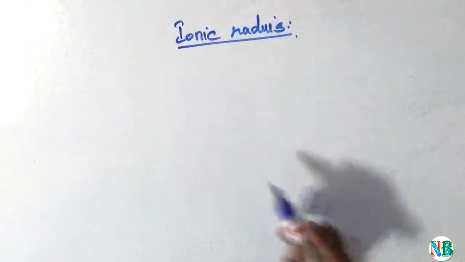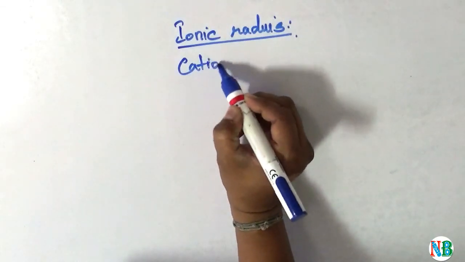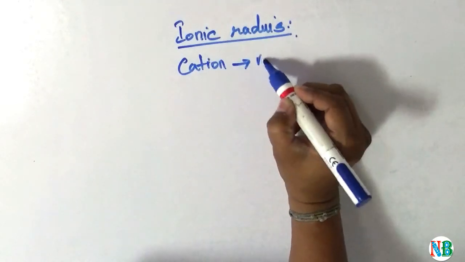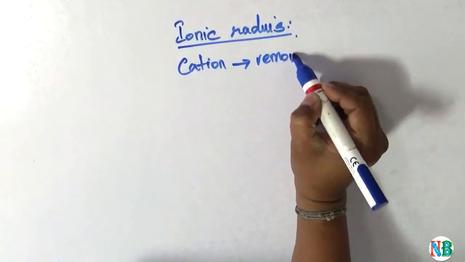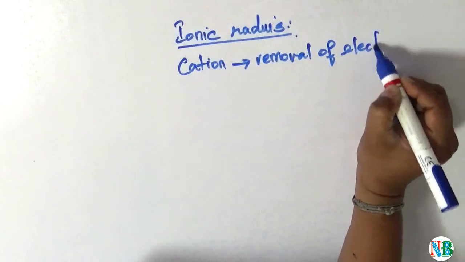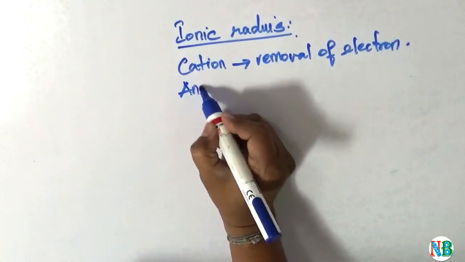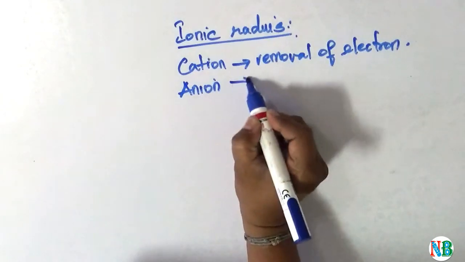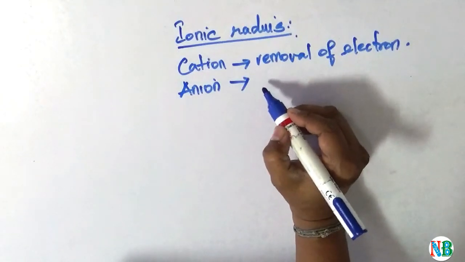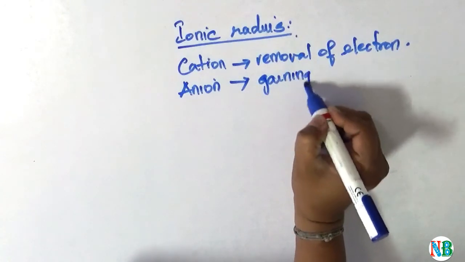So to understand what is ionic radius, we first need to know cation is removal of electron and anion is gaining of electron.